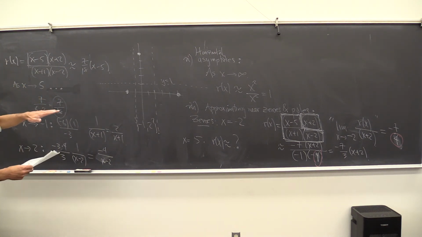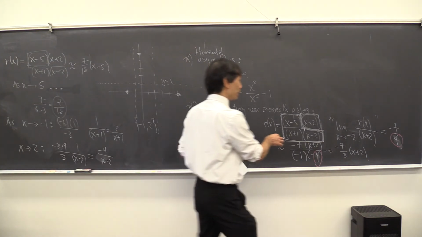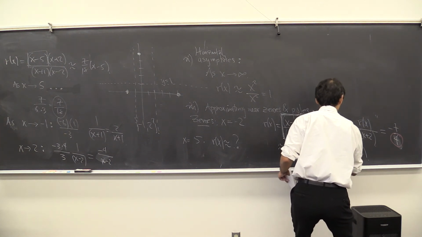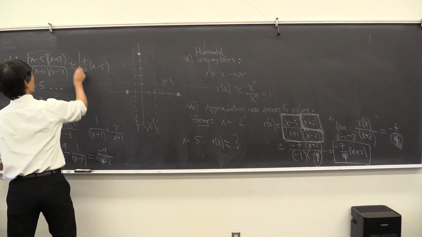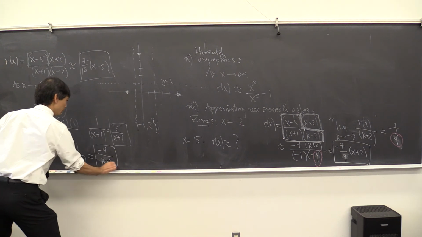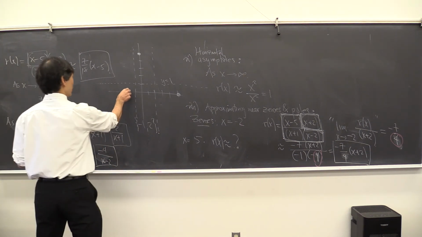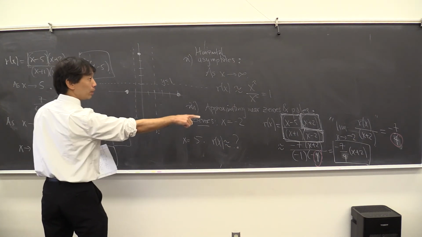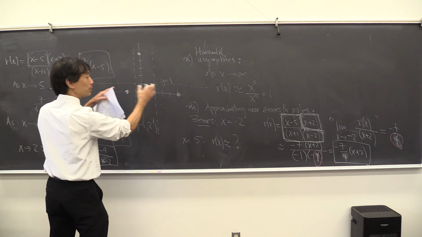Okay, so what do we have here? We've got all this information about what the thing looks like. This is 4. We've got this thing, this thing, this thing, and this thing, and so we use that in all 4 places. So here is negative 2, and we know that near negative 2, it looks like the function x plus 2.